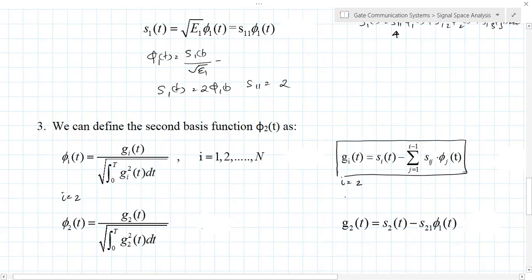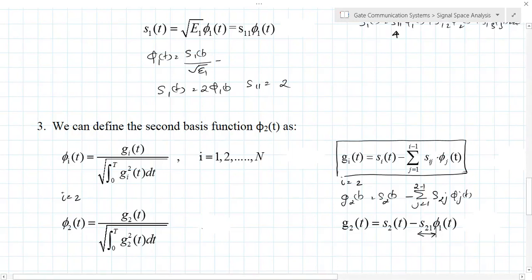So if you write i is equal to 2, it becomes g2 of t is equal to S2 of t minus sigma j is equal to 1 to 2 minus 1 of S2j phi j of t. 2 minus 1 is 1, so you need to write only one term, that is S21. Okay. So this is the expression for g2. In order to evaluate this equation, we require S21 and phi 1 of t.